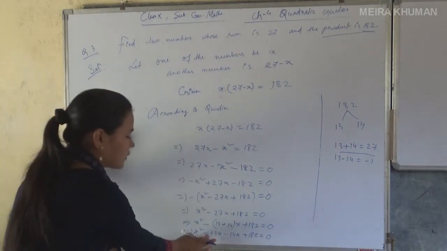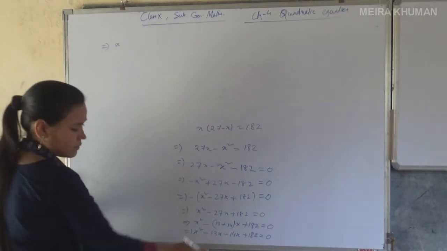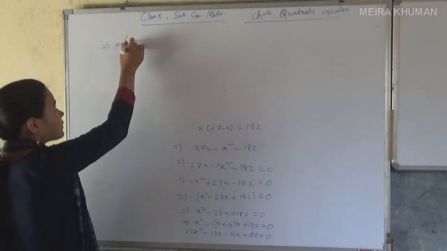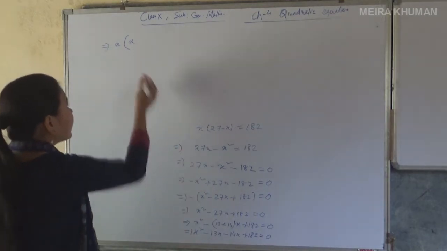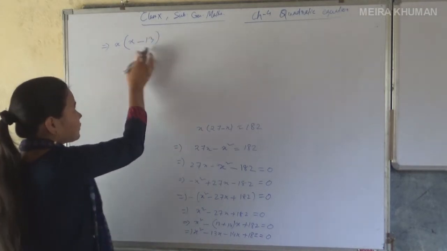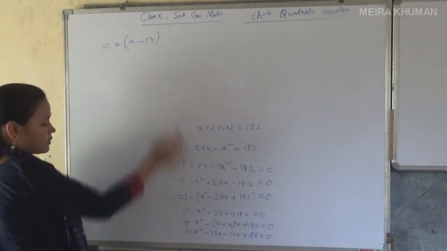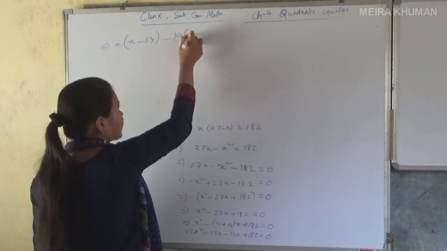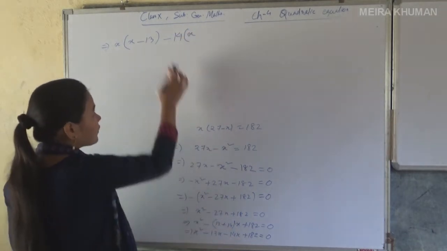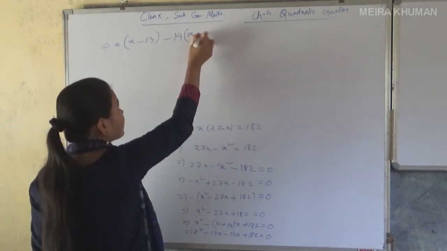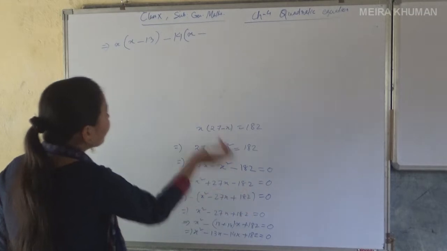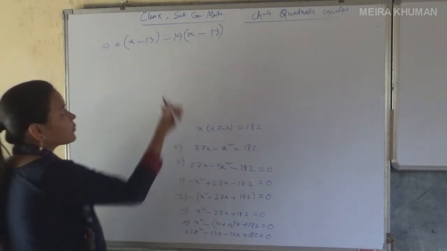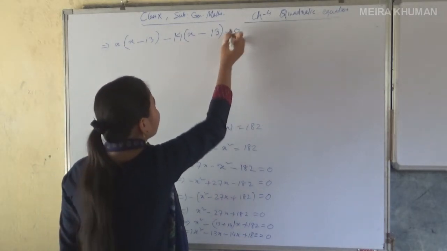Next step, take common from x square minus 13x. You can take x common: x into x minus 13. Then from the remaining terms take minus 14 common: minus 14 into x minus 13, since 14 into 13 is 182, equals 0.